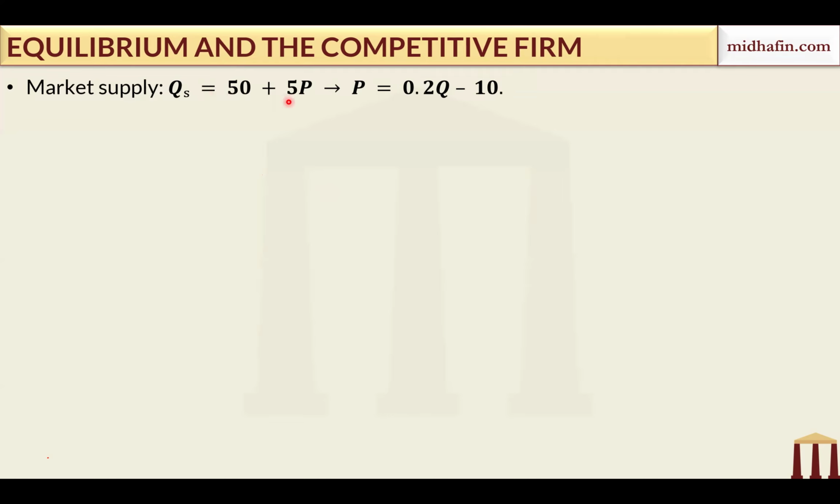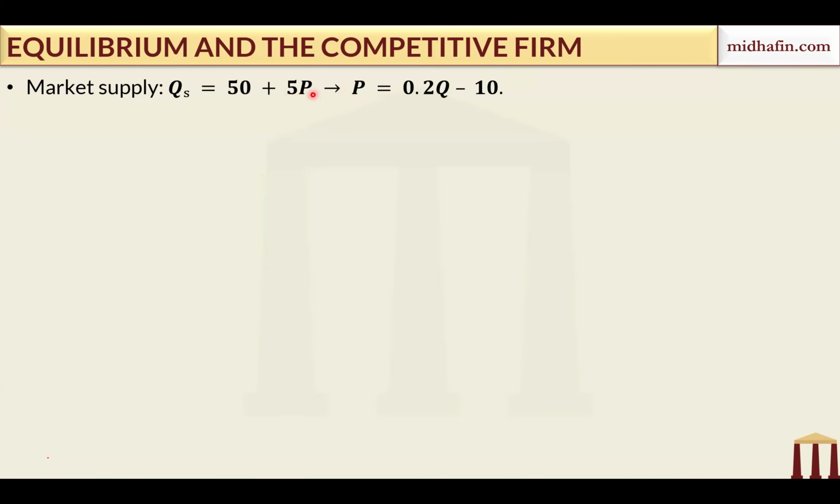So as the price increases, there's a plus over here, the total industry output also increases, because all firms will respond to this opportunity for higher profitability of producing those additional or extra units. So obviously the price will increase.